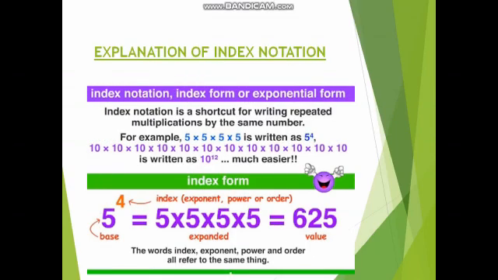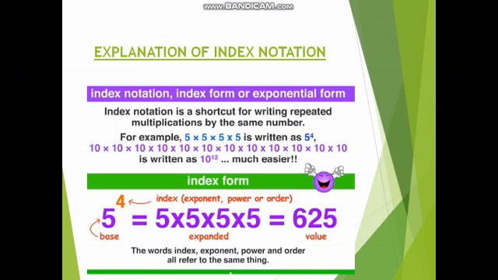Index notation, index form or exponential form are all the names given to this. Index notation is a shortcut for writing repeated multiplication of the same number. That means you are multiplying the same number again and again. So instead of writing that number again and again, you write the base once and then write the number of multiplications as its power.